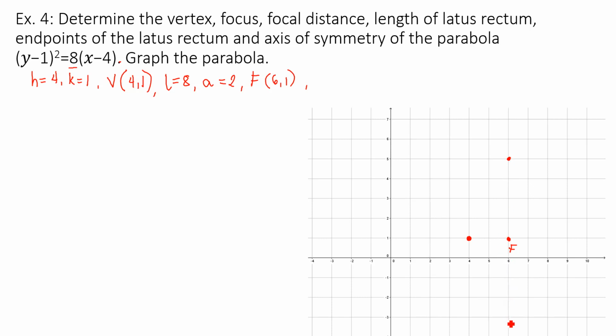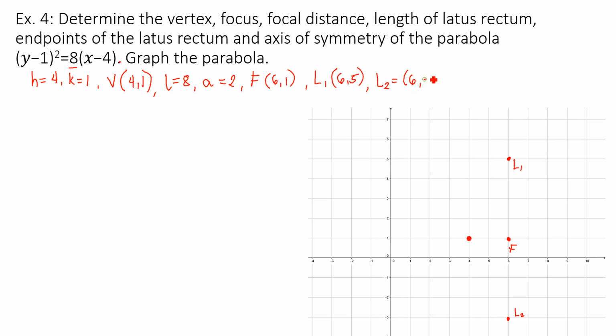Let's say this is our L2 and this is our L1. Therefore, L1 has the coordinates of (6, 5). And our L2 has the coordinates of (6, negative 3).